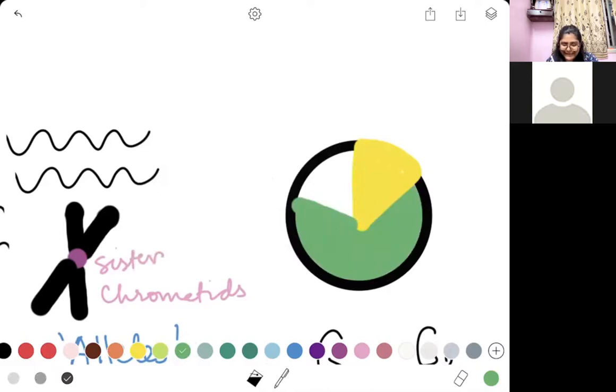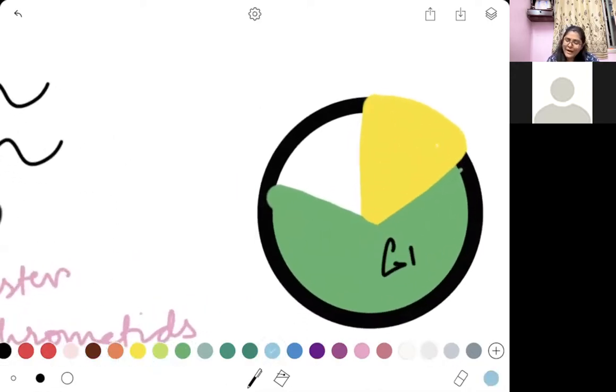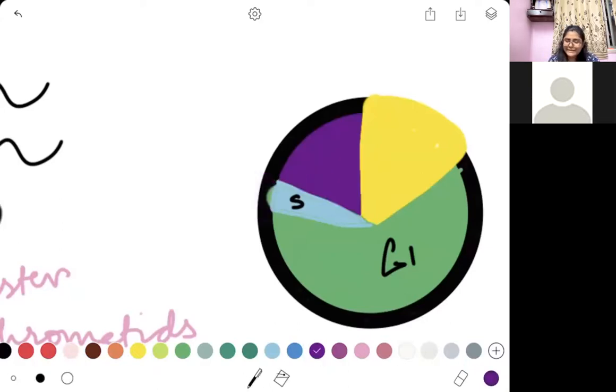This entire green phase that you see, this is going to be your G1 phase. Then you are going to have a very small space like this where you have your S phase going on. Once you look at this S phase, the last part that is remaining, which is your purple color over here, this is going to be your G2.